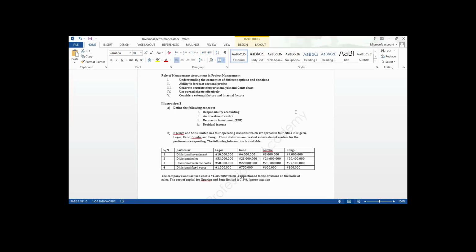Responsibility accounting: a specific individual or manager is made to take responsibility for a specific aspect of the company's budget. And that person will be responsible for that.